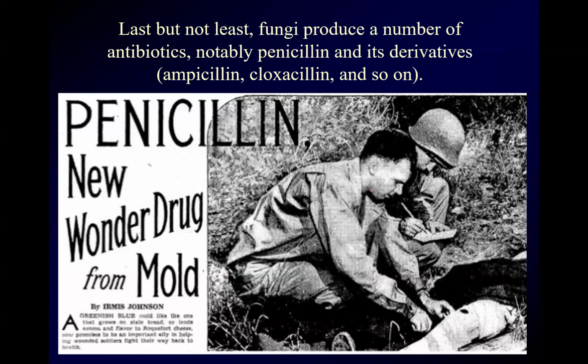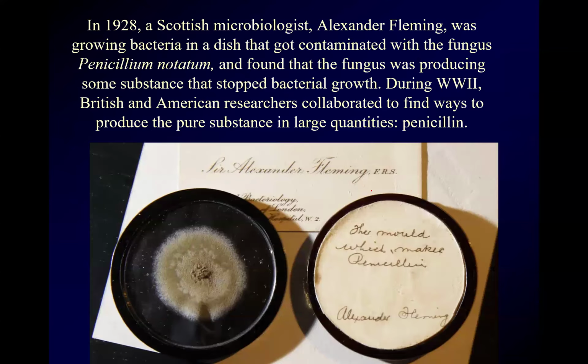There's a lot of derivatives of penicillin like ampicillin and cloxacillin and cephalosporin and so on. And that all started in 1928 when a Scottish microbiologist named Alexander Fleming was growing bacteria in a dish containing a nutrient gel.